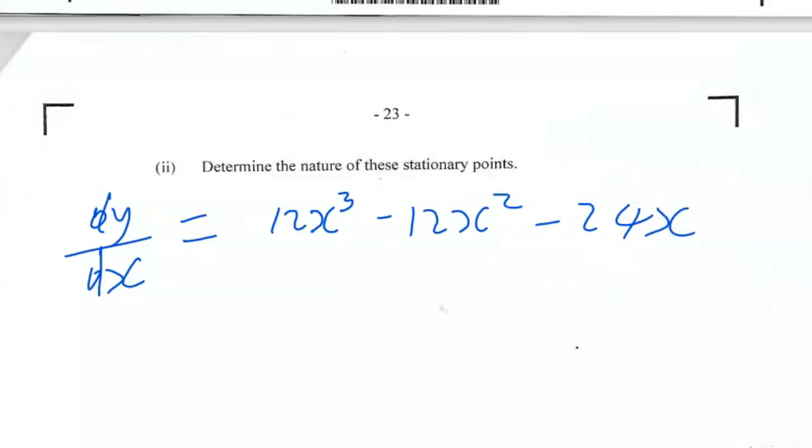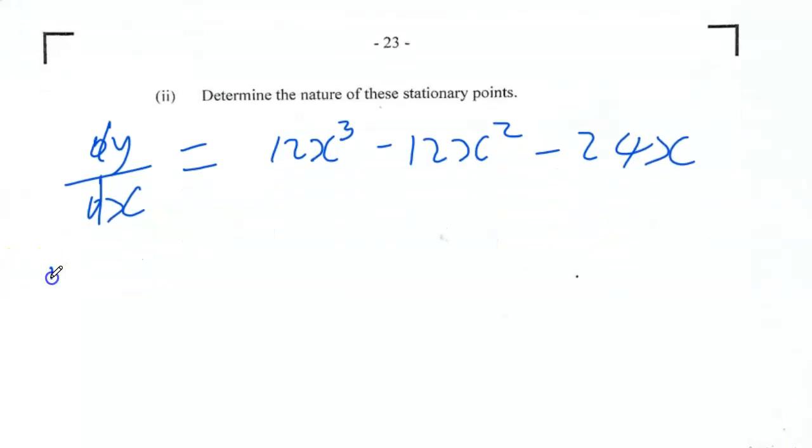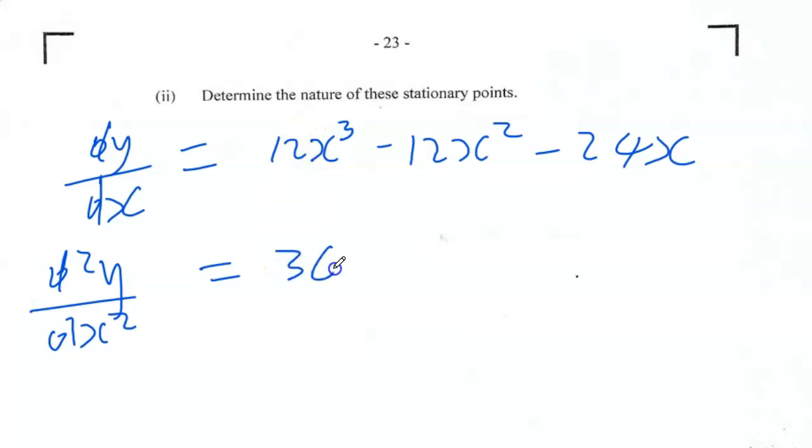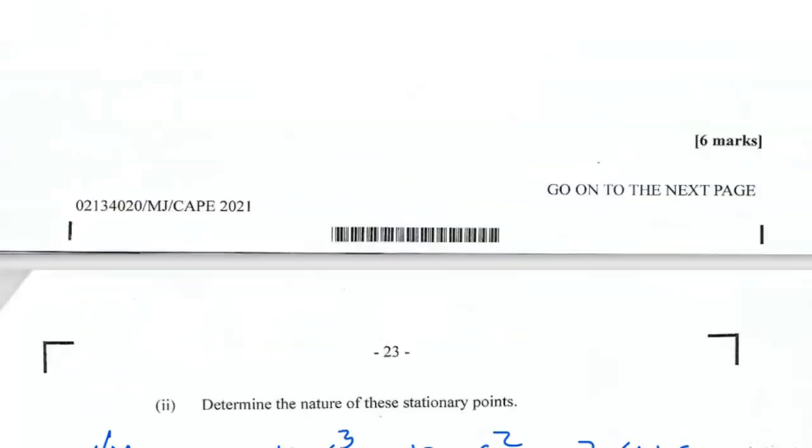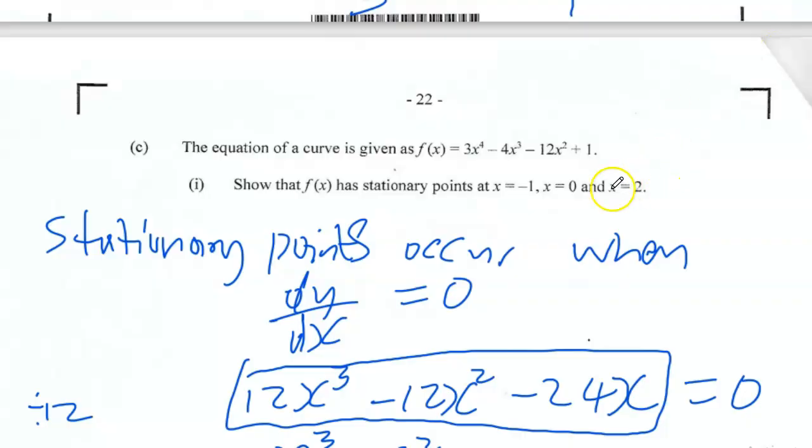So to tell the nature, we need the second derivative. So d2y upon dx squared. We differentiate this, we get 36x squared minus 24x minus 24. Alright, remember what the x values were? The x values were negative 1, 0, and 2.